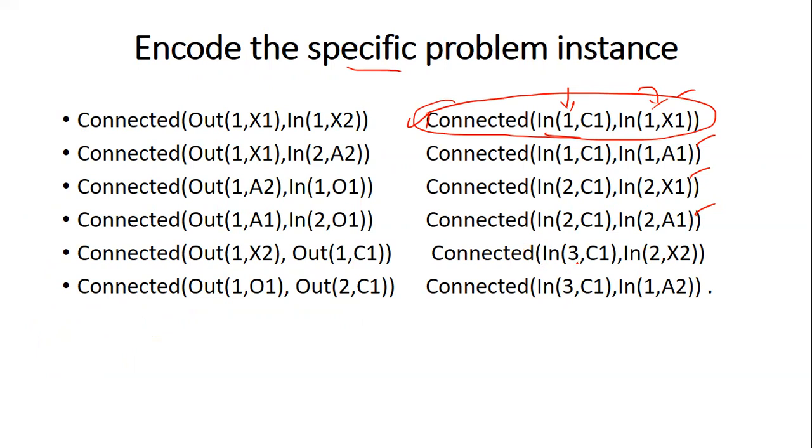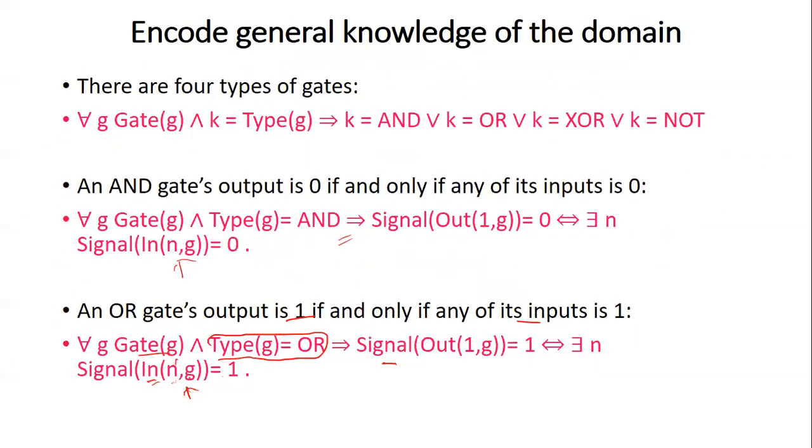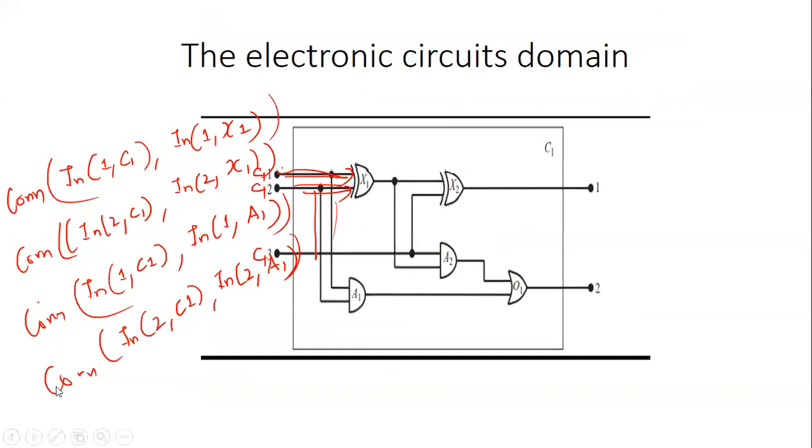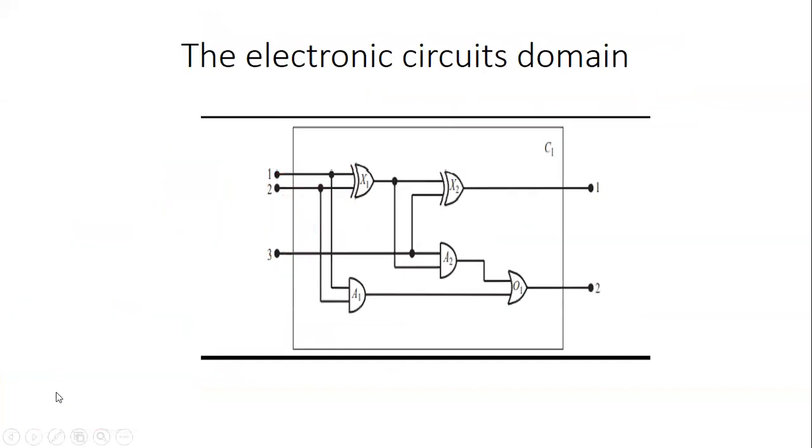Okay. Third input of C1. So let us see where the third input of C1 goes. If you see here, the third input of C1 goes to the first input of A2 and the second input of X2. So how will we represent that? The third input of C1 is connected to the second input of X2.